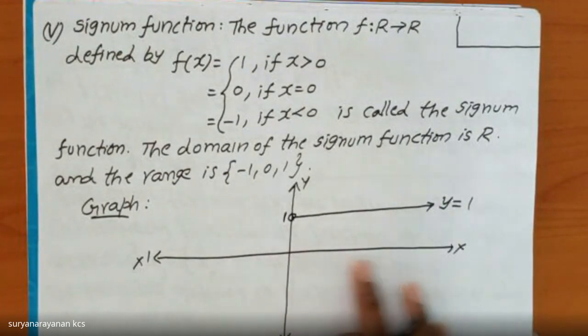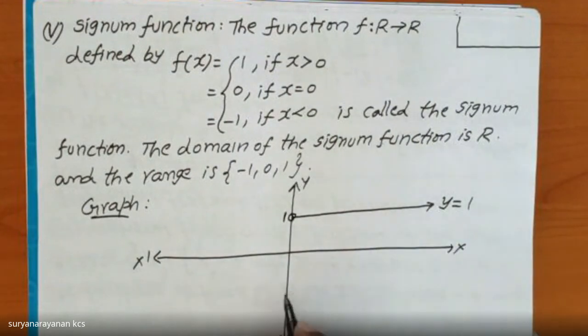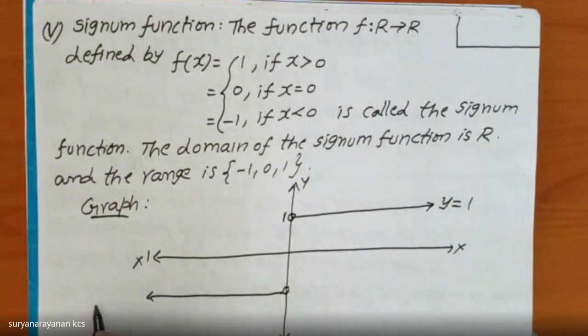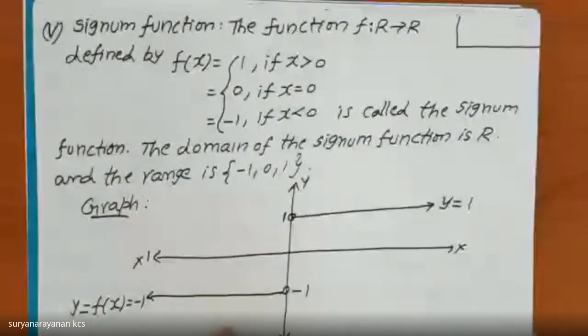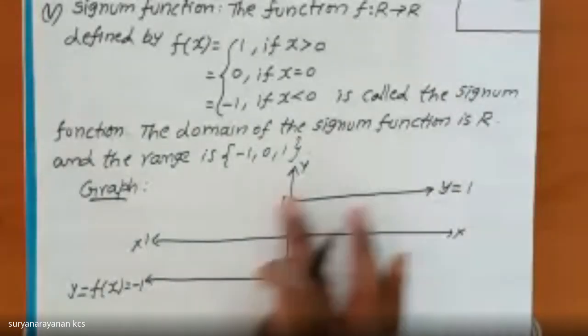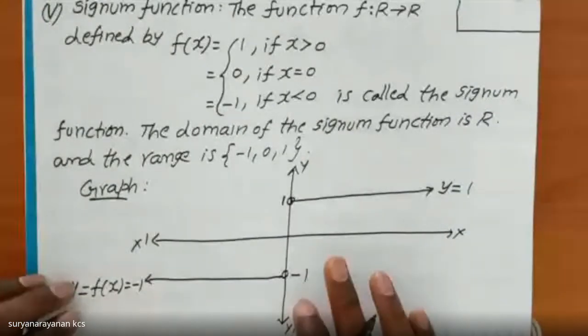For every positive real number, f of x value is 1. For every negative real number, f of x value is -1. So the graph of this signum function will be like this. Please remember this graph. You have to learn the graphs of real functions.